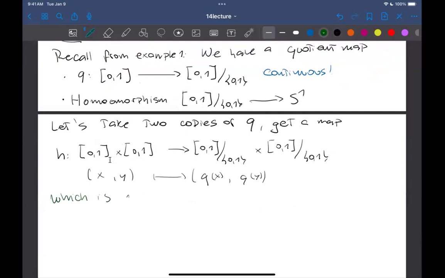Now we want to construct a map out of the quotient of this space, and we know how to do it. This is what we call that it descends to the quotient. So further, this H will descend to a quotient map.